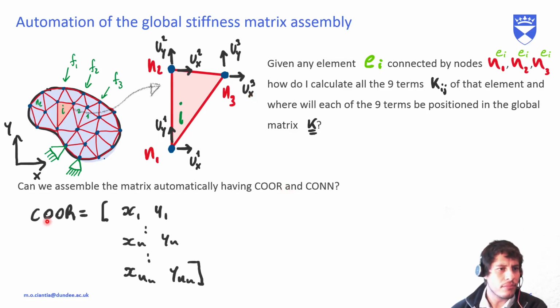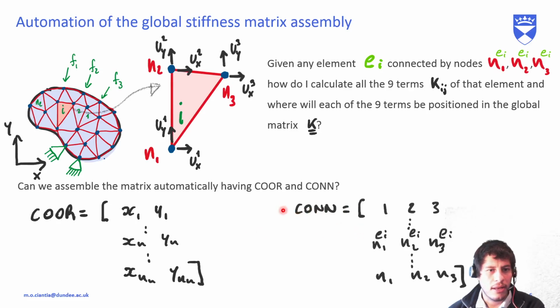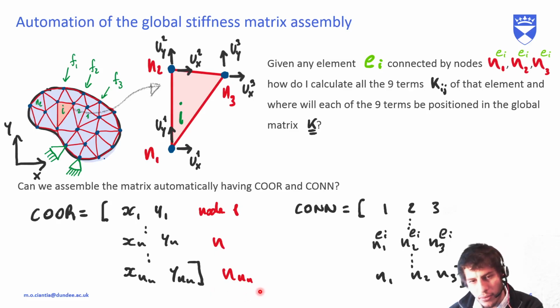So coord is going to be the x and y position of node 1. And then the connectivity will tell me, well, element 1 is connected by nodes 1, 2, and 3, etc. So we see that coord will be a vector containing all the nodes, node 1 up to node n, where the last number is the total number of nodes.